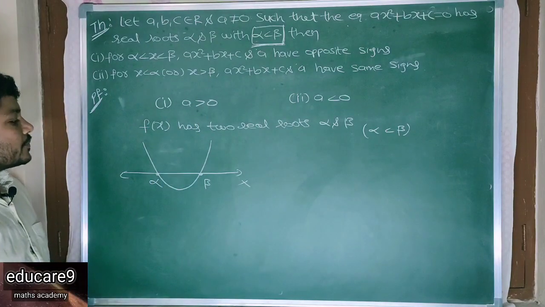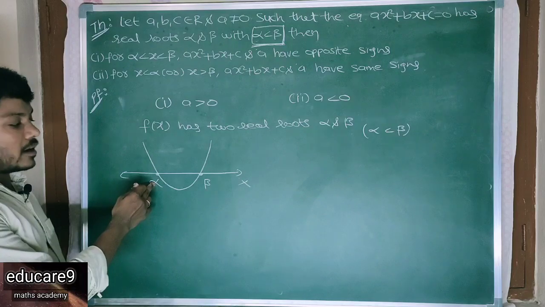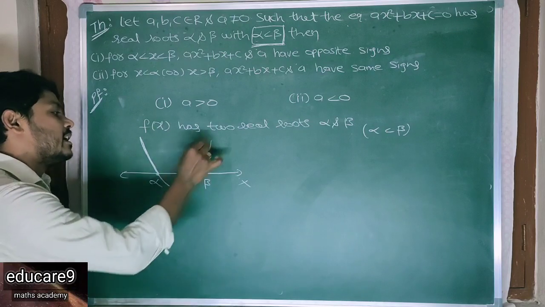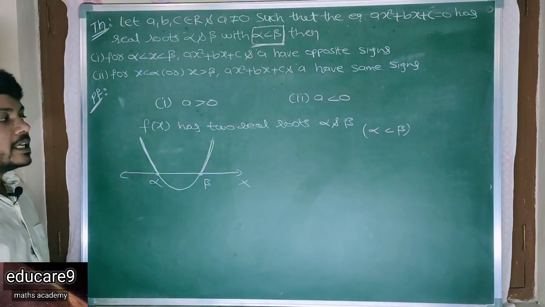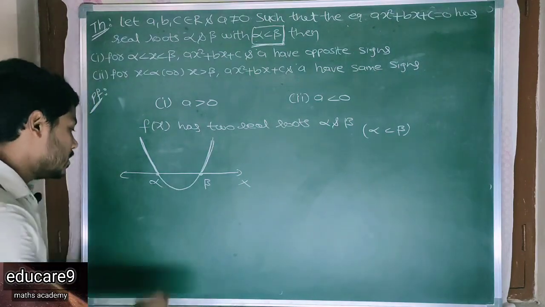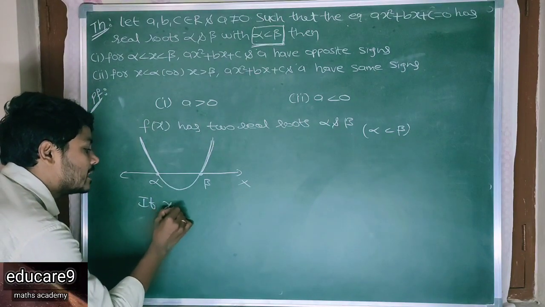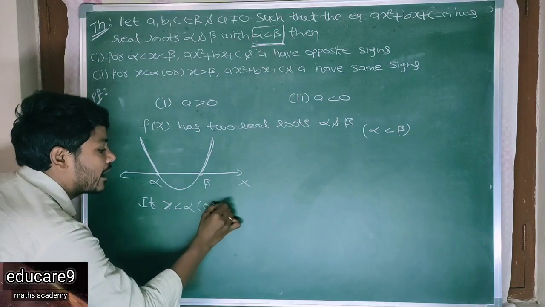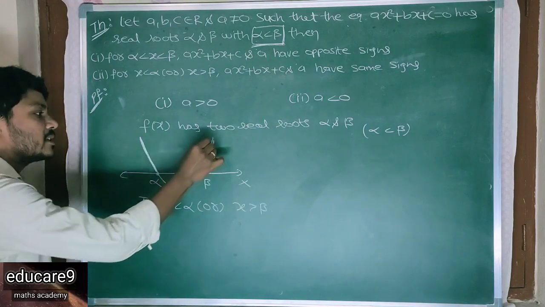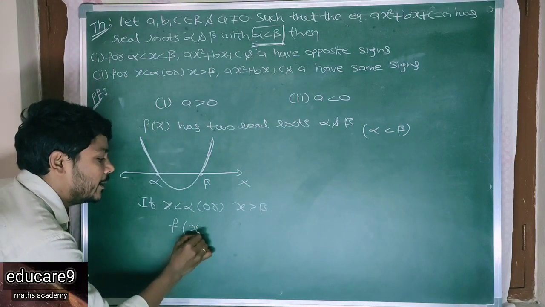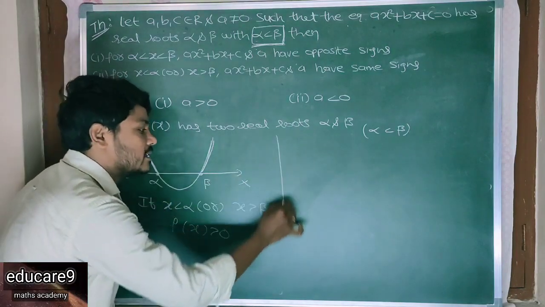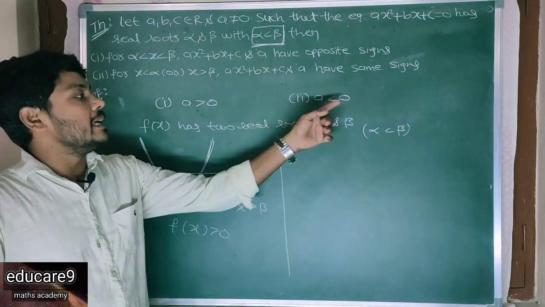So if x is less than alpha or x is greater than beta, in that case f of x is positive. And the second situation is a less than 0.